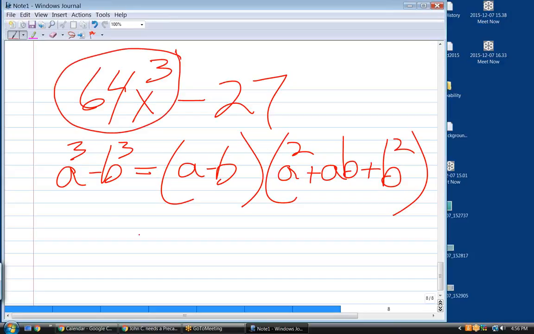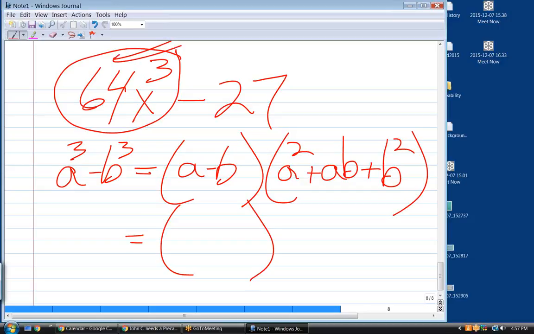What is a? If this is a cubed, what is a? What's the cube root of this?